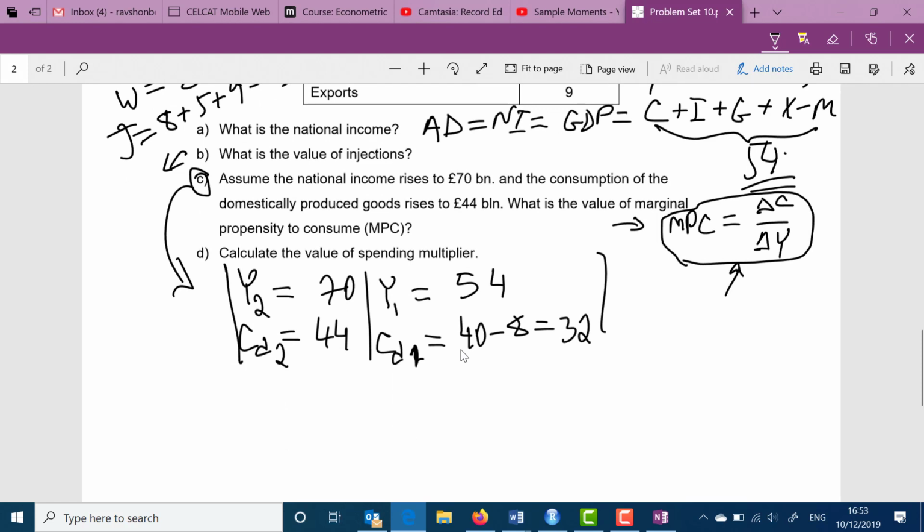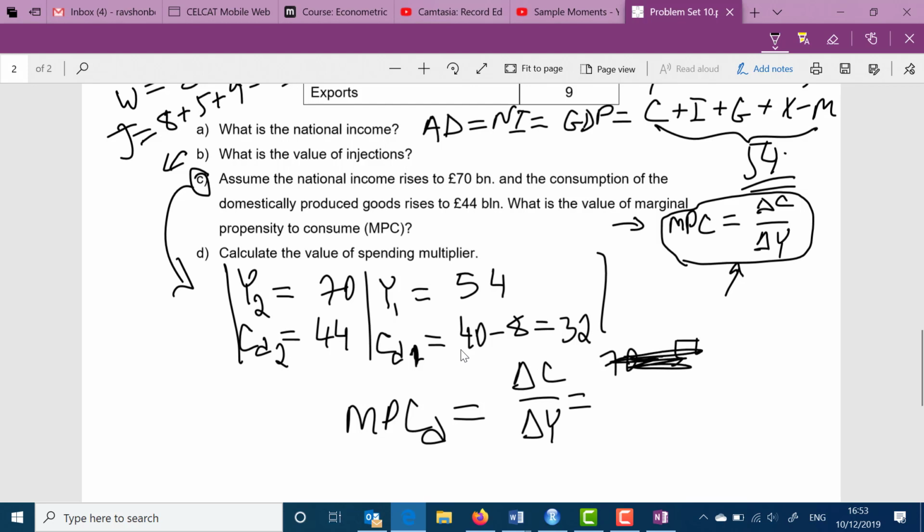Now we just plug this number into the formula here. So MPC of domestically made products is change in consumption over change in income, which is basically new income minus old income. Oh, no. It's the consumption I said, but I was putting the income.